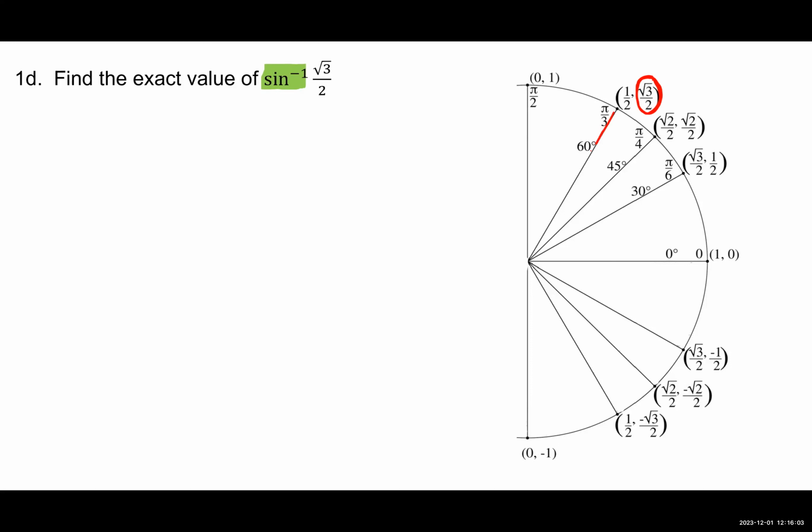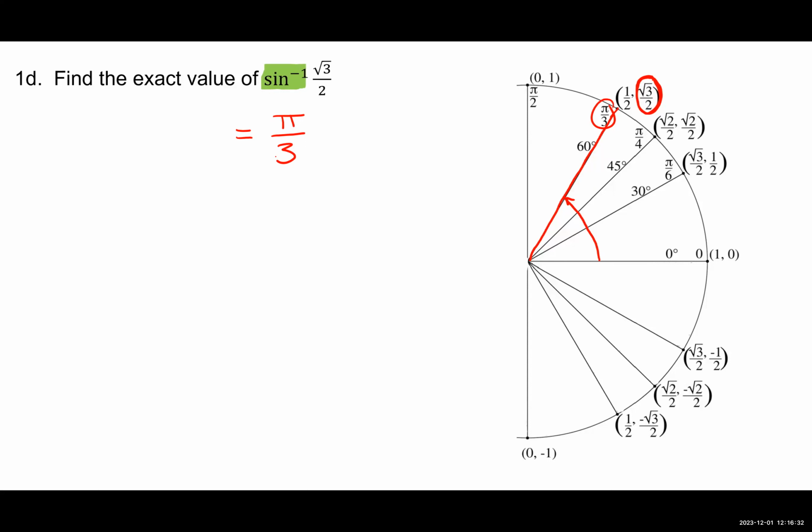And the angle that gives you that terminal point is associated with an angle of pi over 3. So the answer is pi over 3. And that's about it.